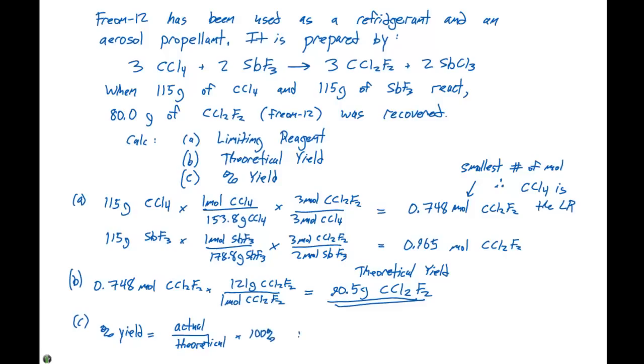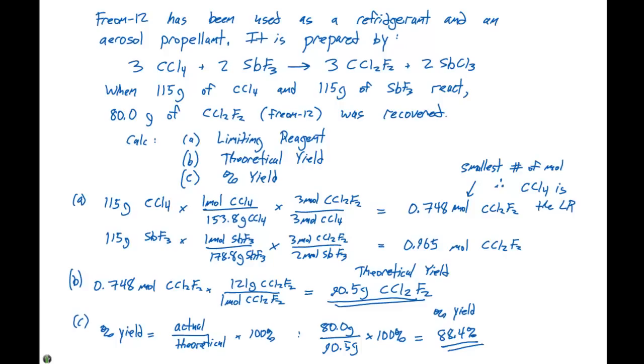And for this particular problem, the actual yield we determined in the lab was 80.0 grams divided by 90.5 grams, which is the theoretical yield, times 100% is going to equal 88.4%. And this is our percent yield. So that answers part C of this particular question.